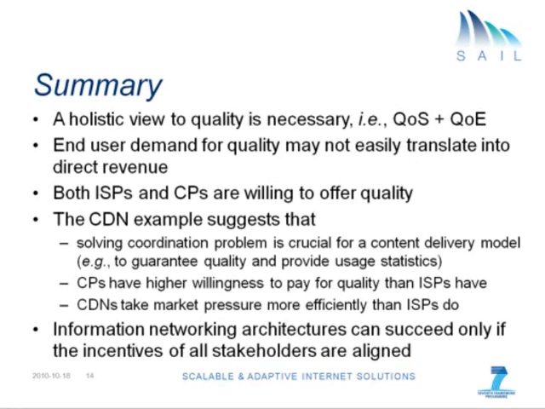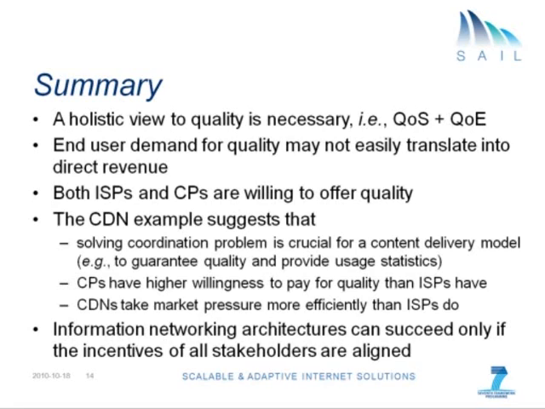But then to summarize the whole presentation: first, a holistic view of quality is necessary, so thinking about quality from different domains, human, business and technical, and understanding that there are differences in the terminology and in how quality is understood in all these domains.